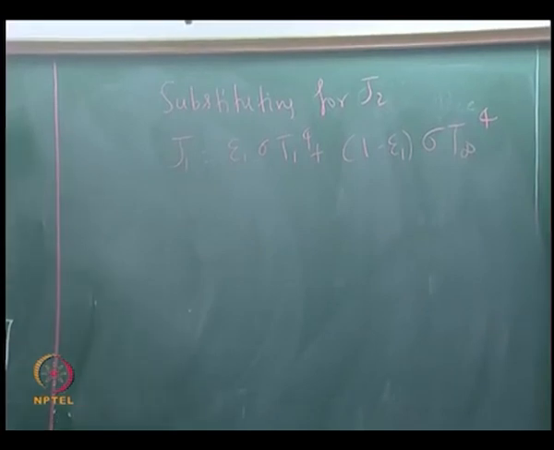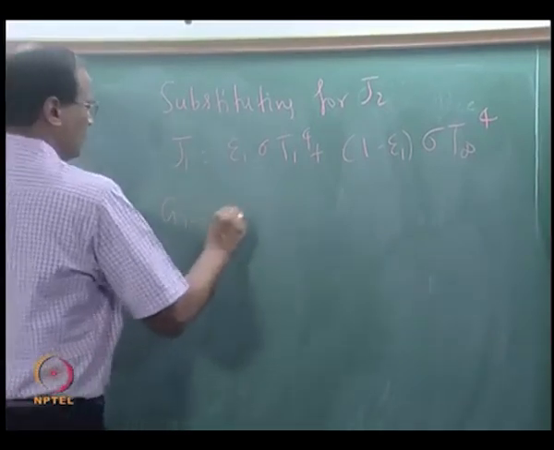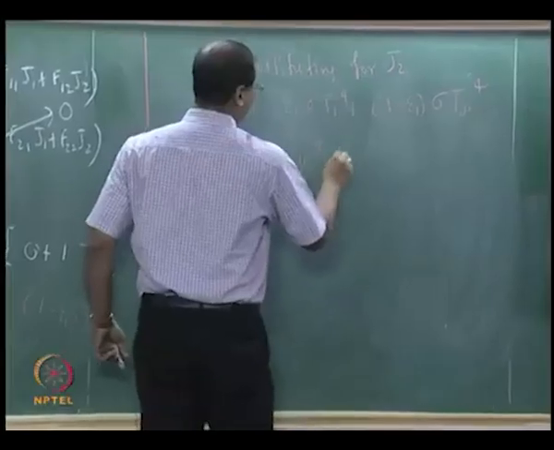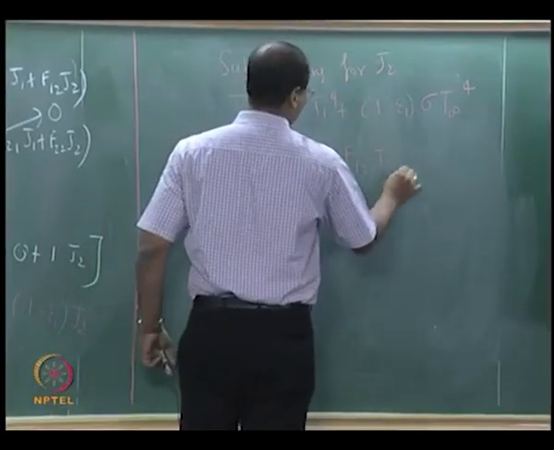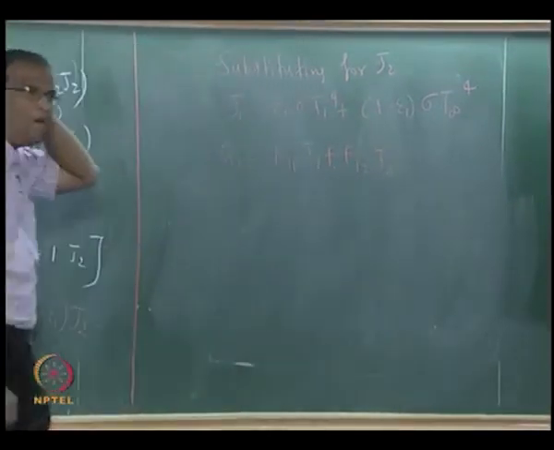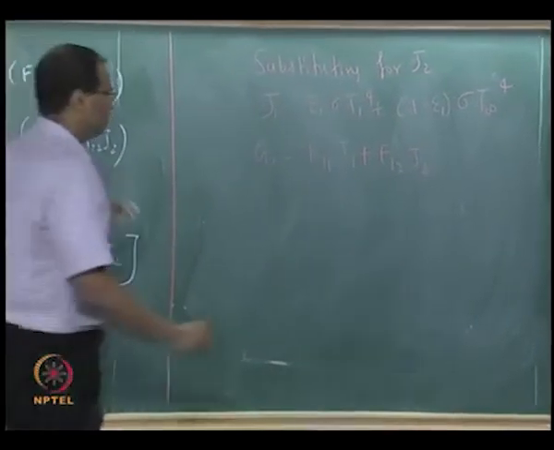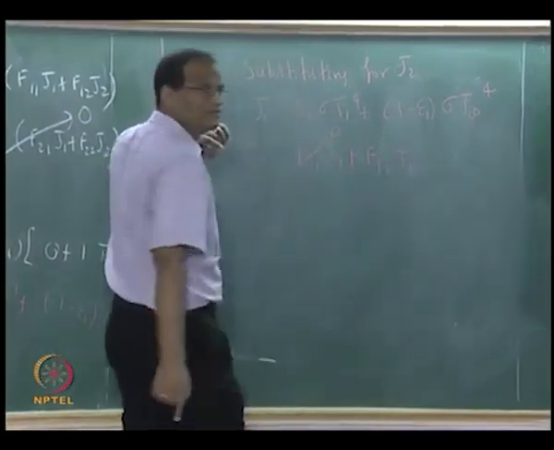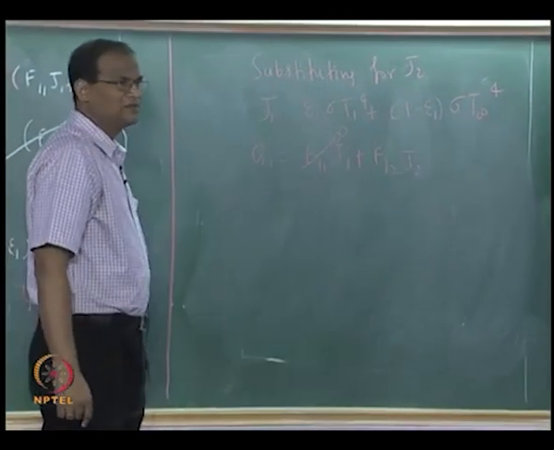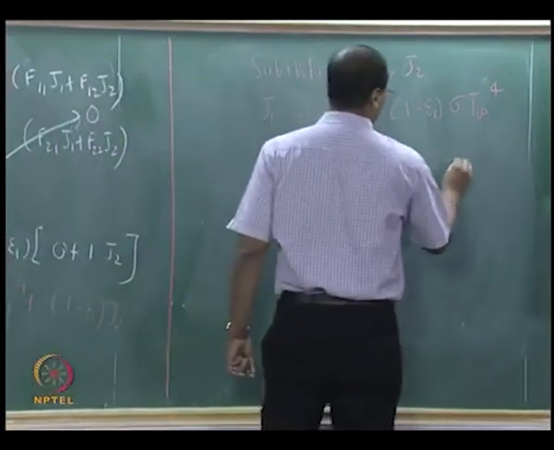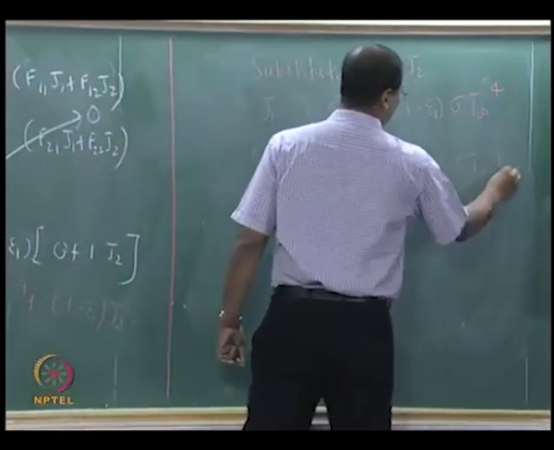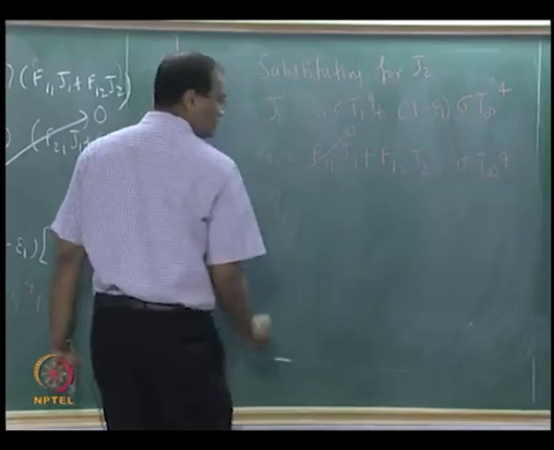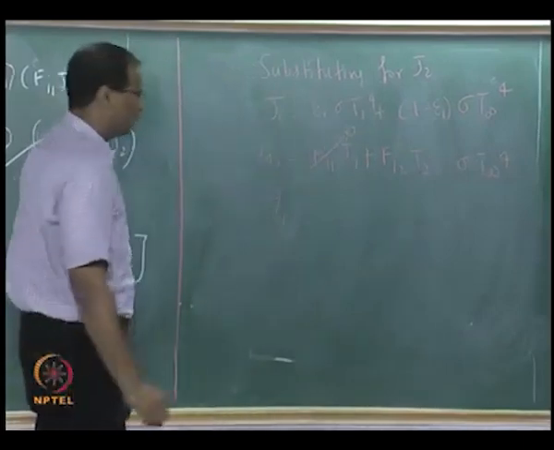What is irradiation on 1? What is F11? 0. F12? 1. J2 is sigma T infinity power 4. What is Q1? J1 minus G1.